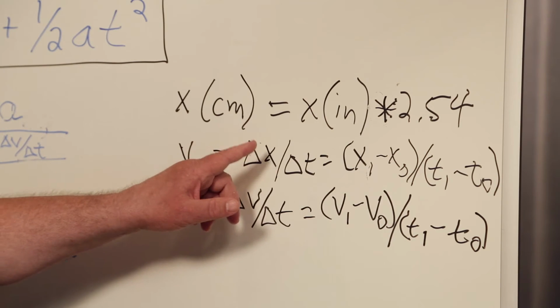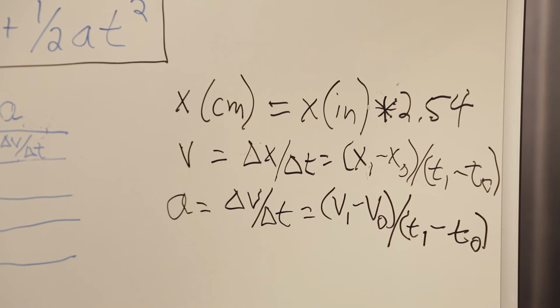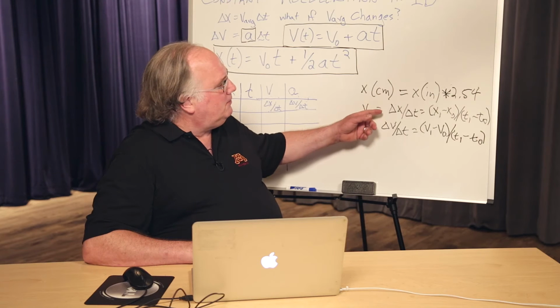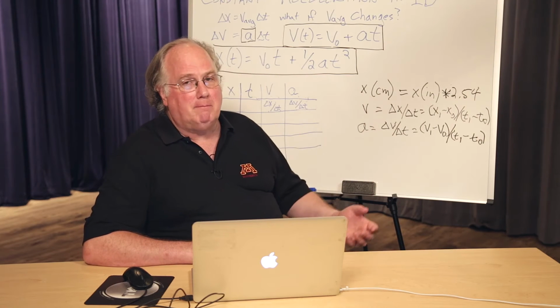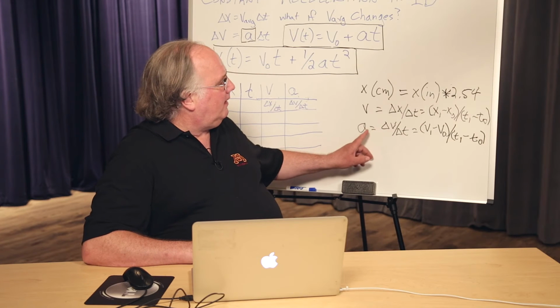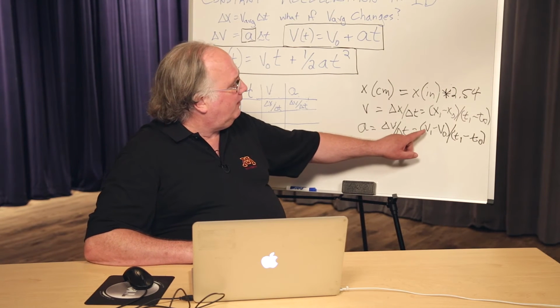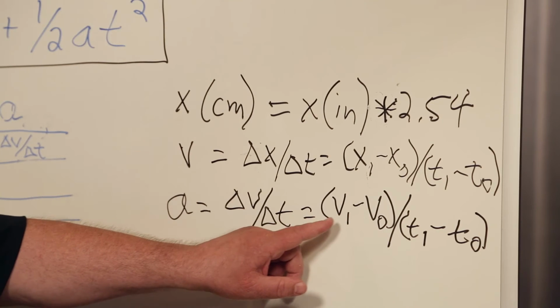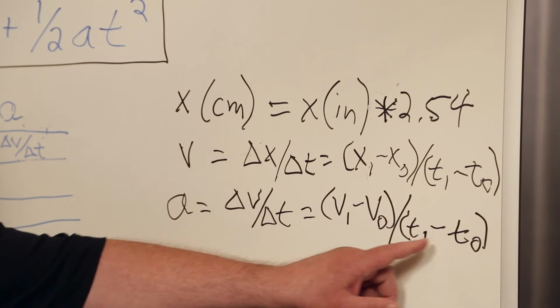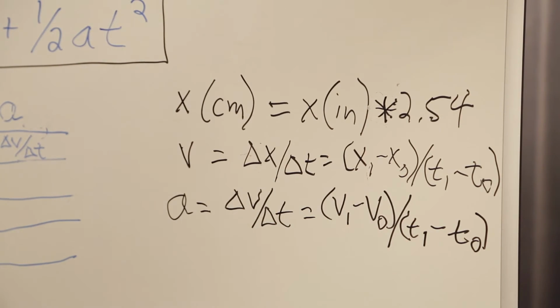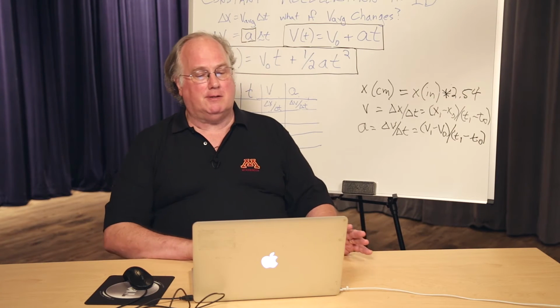That will give us the velocity at each step as it goes by each clip. And then using those, we'll go one step beyond and calculate what the acceleration is as it rolls down the hill. This is the change in velocity divided by the change in time. So we're going to do all that with the spreadsheet, and this is how we do it.